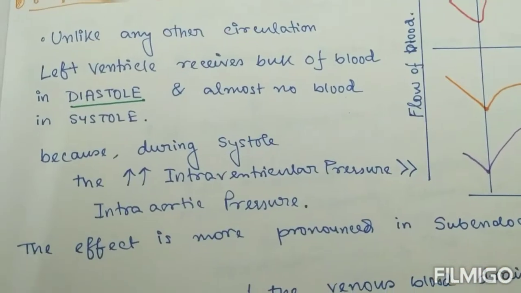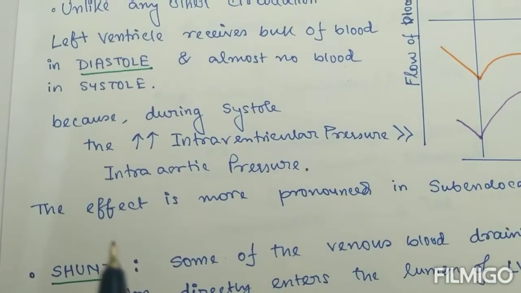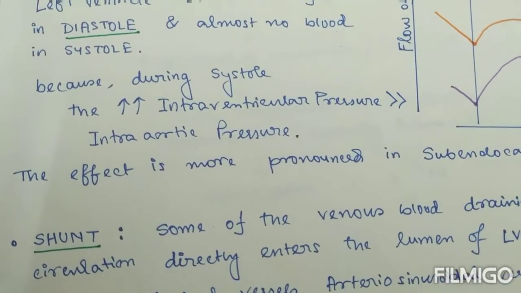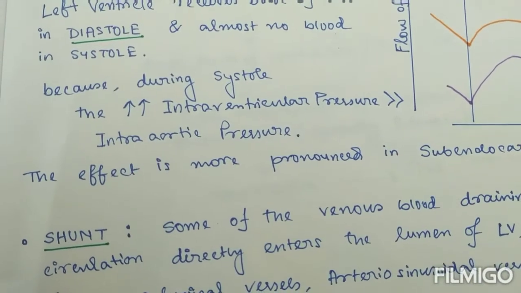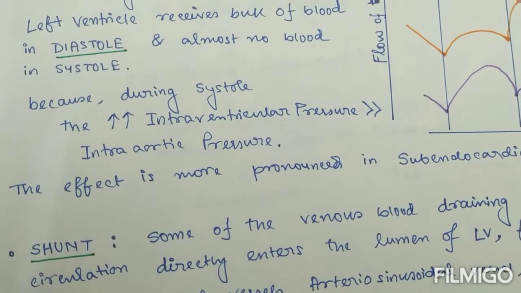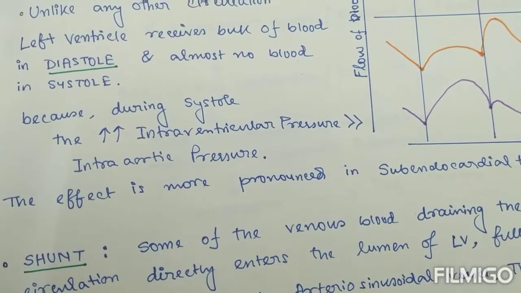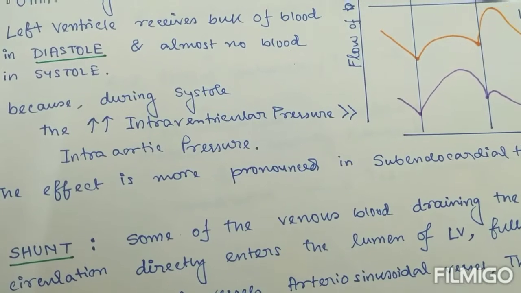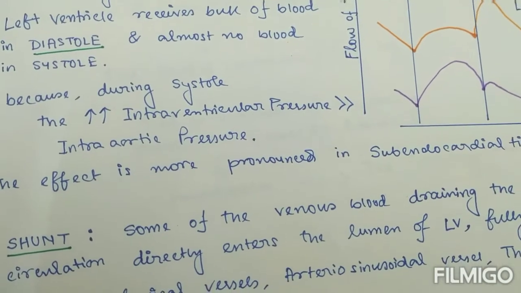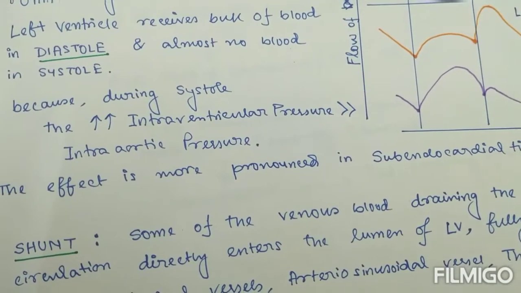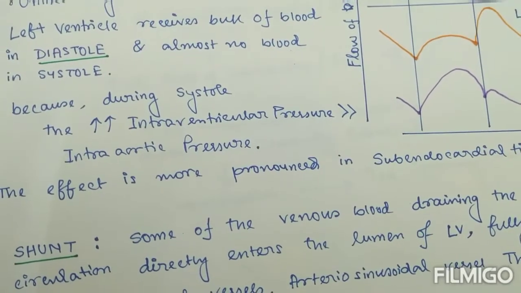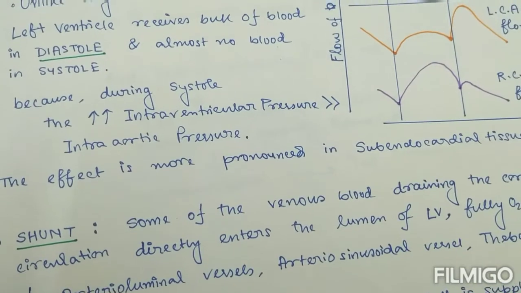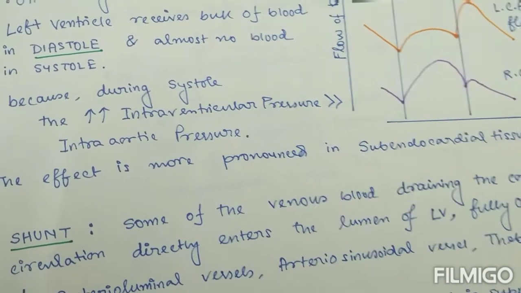This is because during systole, the pressure inside ventricle is so high than intra-aortic pressure that the flow is not sufficient during systole. And in diastole, when the ventricular muscle is relaxed, the flow can be done easily. So during diastole, the left coronary artery gets more amount of blood than in systole.